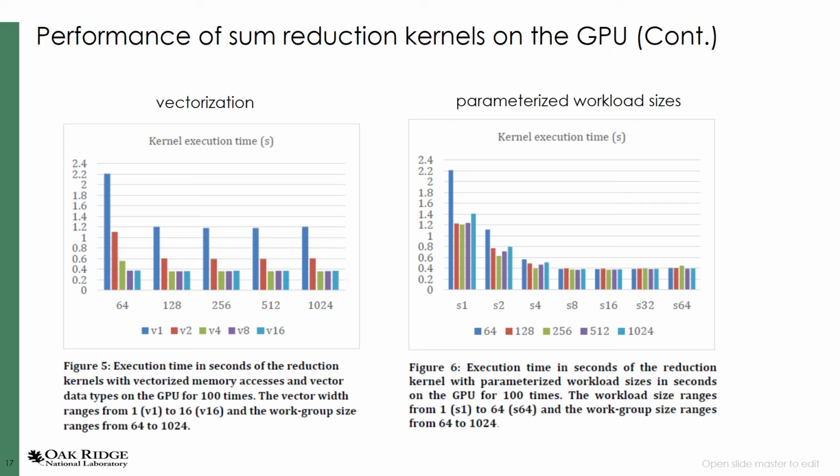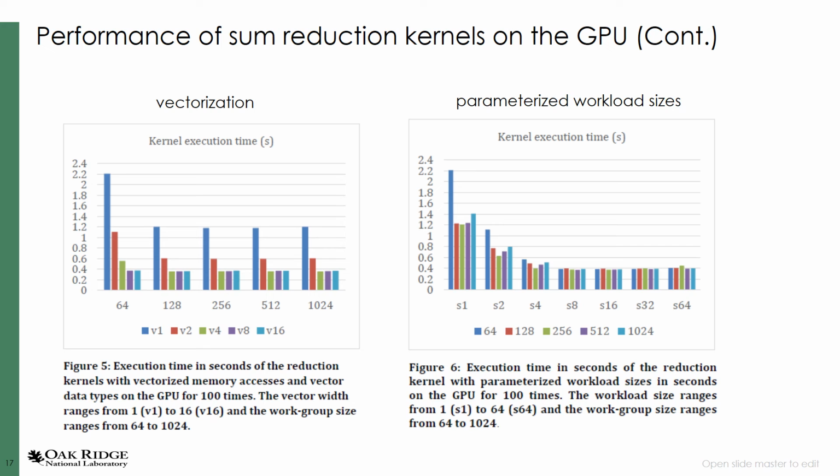Fig 6 shows the total execution time in seconds of the reduction kernels with respect to the workgroup sizes and workload sizes. The performance trends show that the variance of kernel execution time with respect to workgroup sizes is less than 10% when each work item sums up 8 elements. When the workload size increases from 16 to 64, the kernel execution time rises by 7.4% on average.